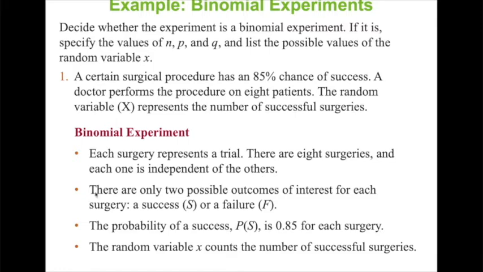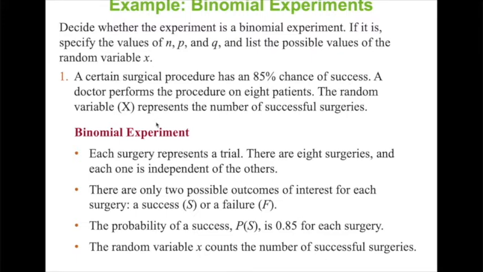And there are only 2 possible outcomes: a success or a failure, successful surgery or failed surgery. Next, the probability of a success is 0.85, that's given there, 85%, for each surgery. And random variable x counts the number of successful surgeries.